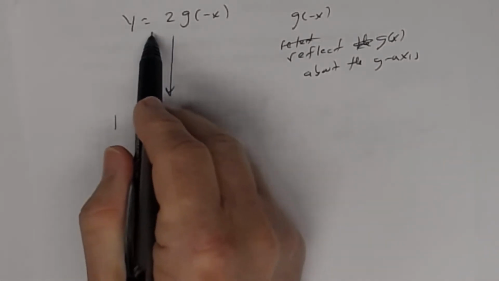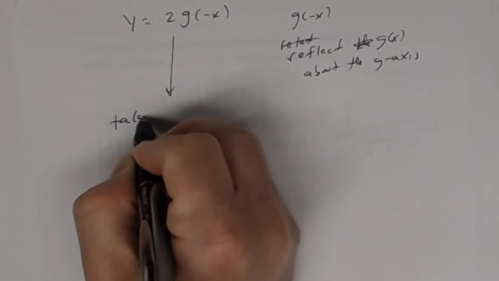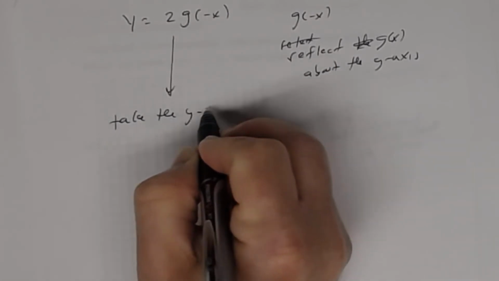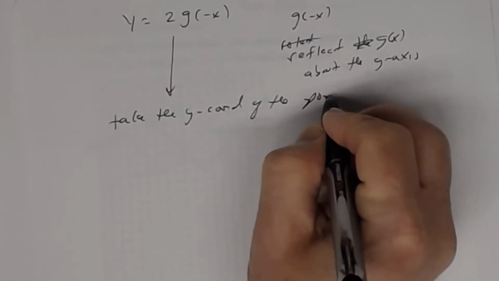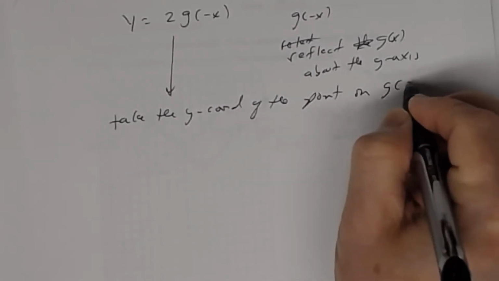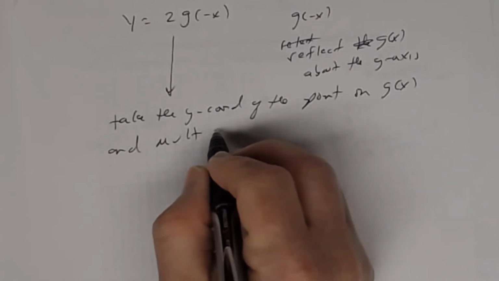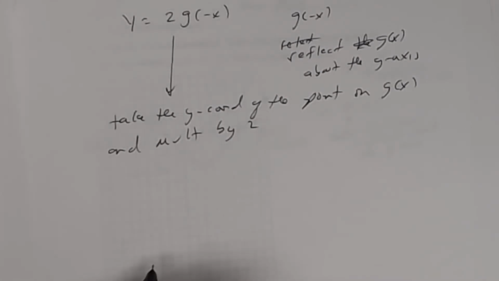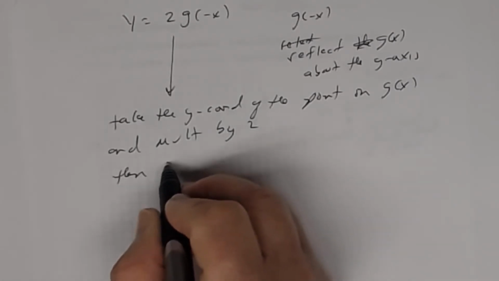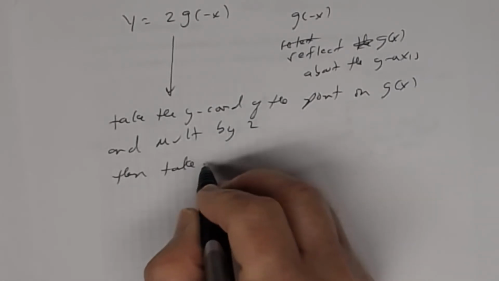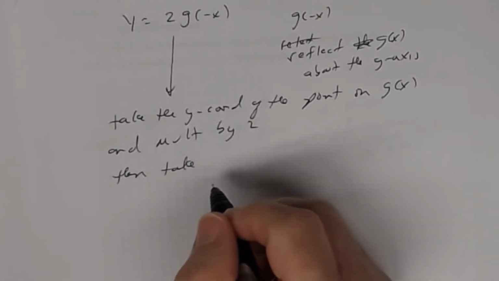Now we're going to do it from left to right. This says I take the y-coordinate of the point on g of x and multiply by 2. That's what that says. Then take the point and reflect it about the y-axis.